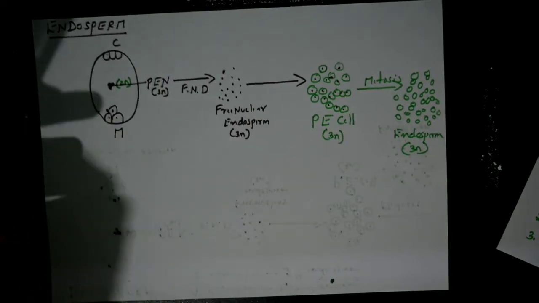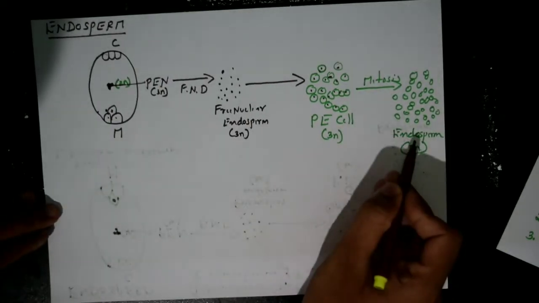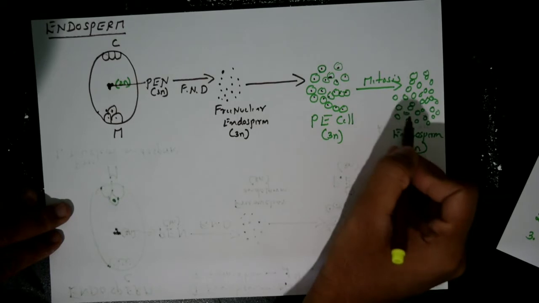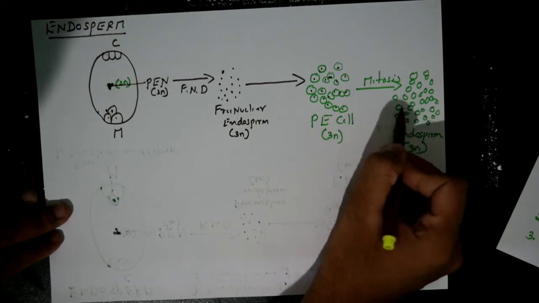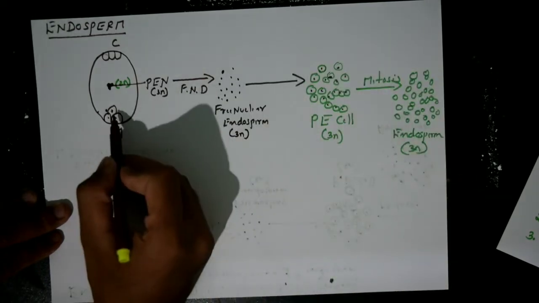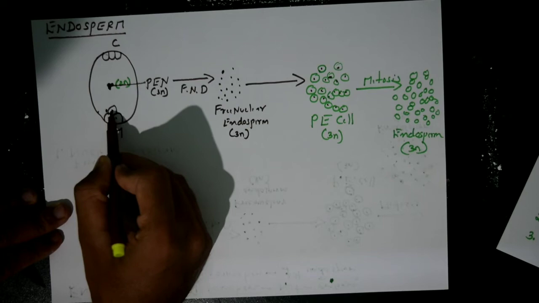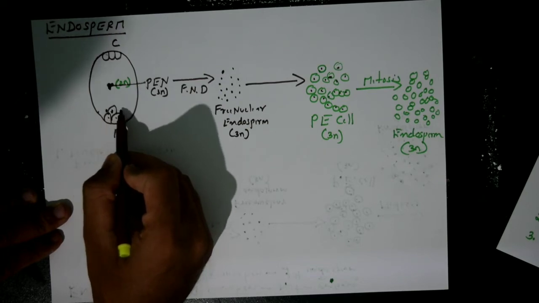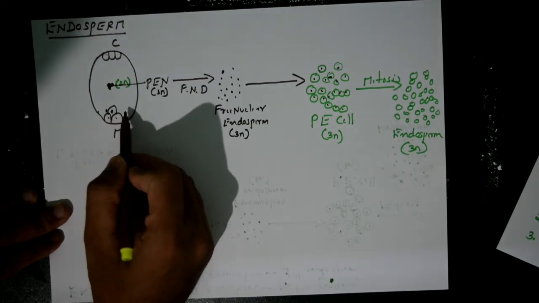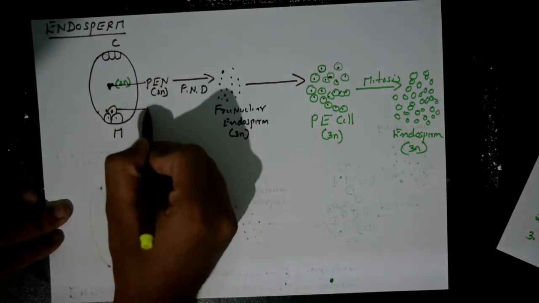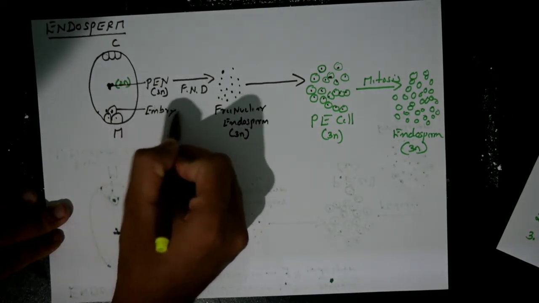Got it? So what is the function of endosperm here? Why do we need endosperm here? We need endosperm to provide nutrition to the developing embryo within this particular embryo sac. Here you know that another male gamete fuses with this egg cell. As a result zygote is produced. Zygote will undergo mitosis to produce a large number of cells to produce the embryo, correct?